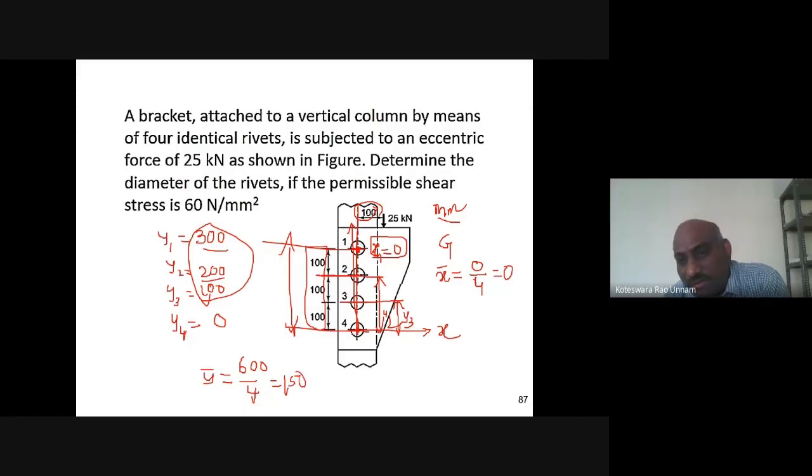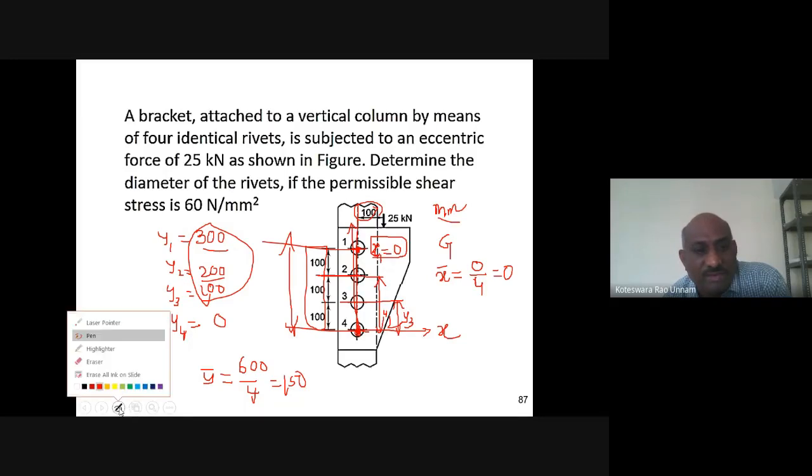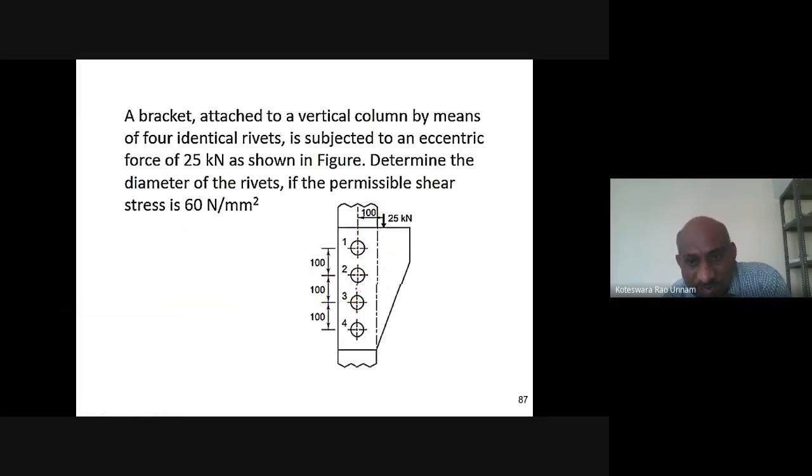From where? We have taken this one as a reference. So from this point it is at a distance of 150, which means at what location is it? Exactly in between, at the center of these two rivets. So from here to here it is 100. Again from the center of rivet 3 to rivet 2 is also 100.